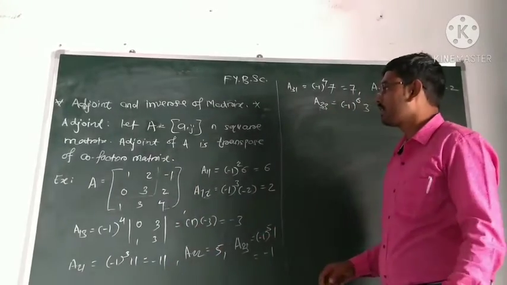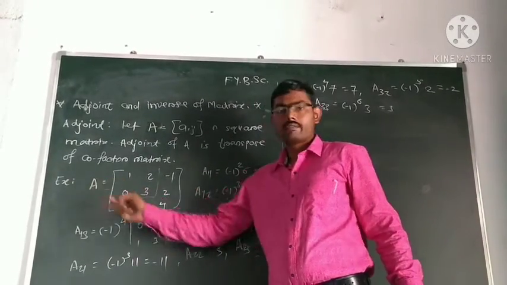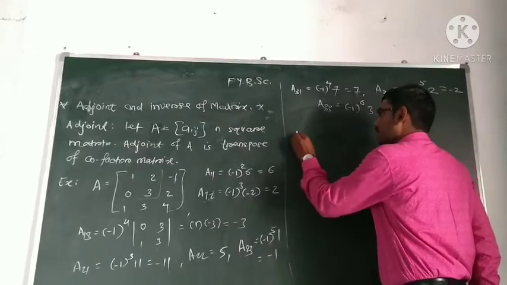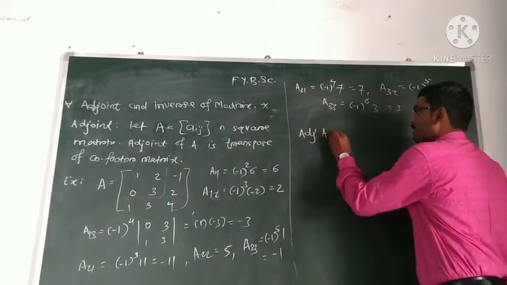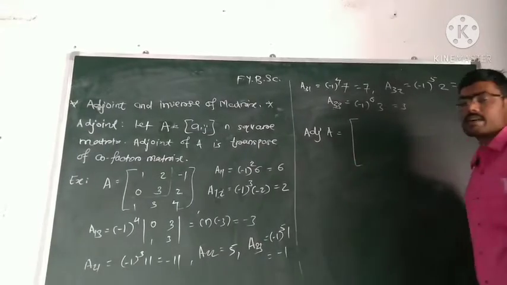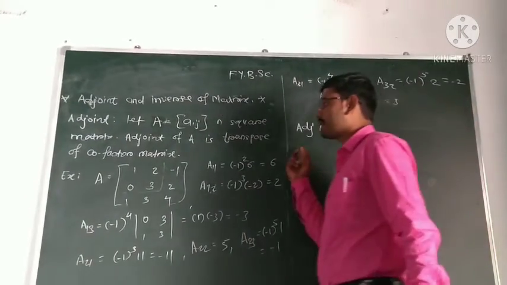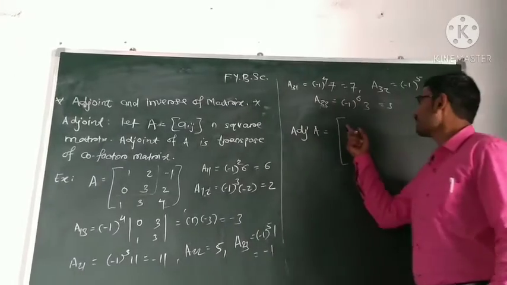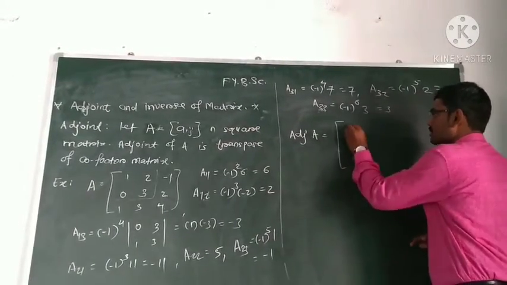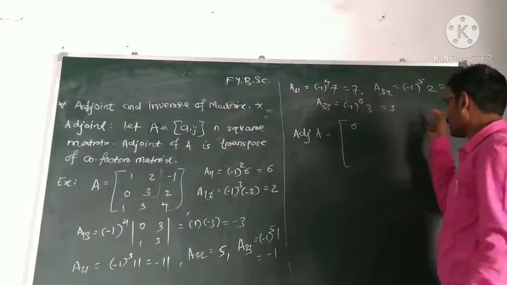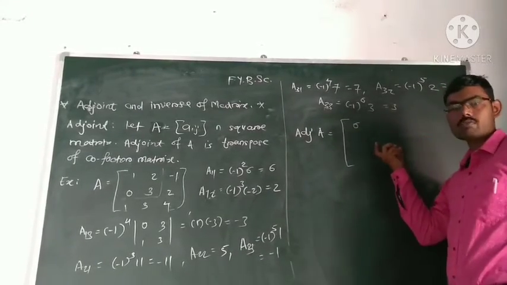Okay. Then the adjoint of A, this is denoted ADJ, that adjoint of A is equal to transpose of the cofactor matrix. So we will write first the cofactors. So cofactor A11 is 6. Then we have to take transpose of this matrix. So we will write first the cofactor matrix.